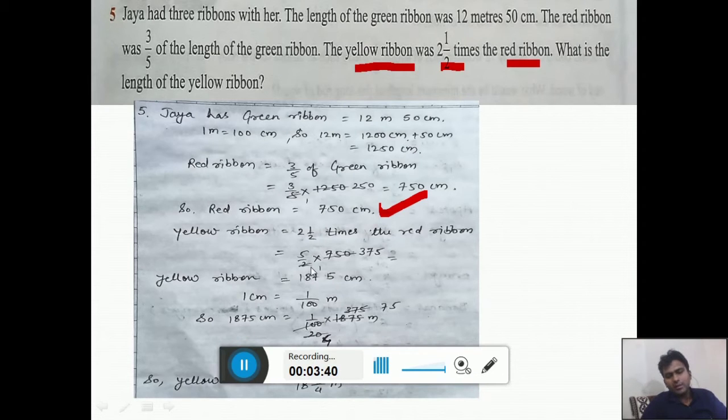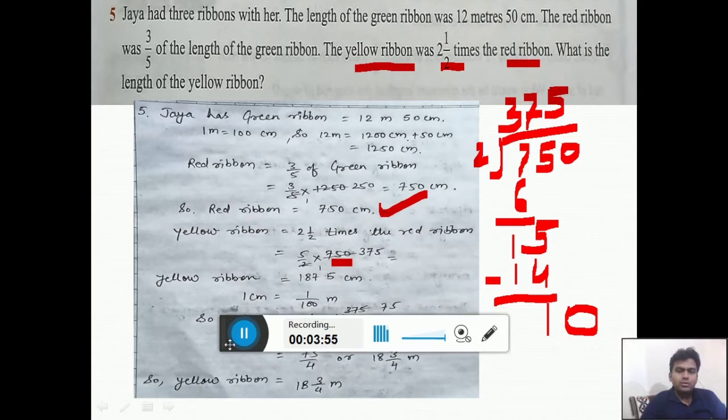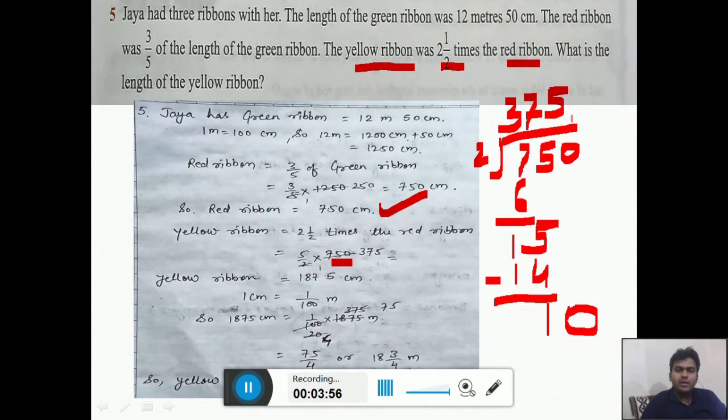Now 5/2, simplify it, so we can cut the 2 and this 750. How to cut? Divide this 750 by 2, and we get 375. Now 5 is left, so multiply this 5 with 375, and we get 1875 centimeter.